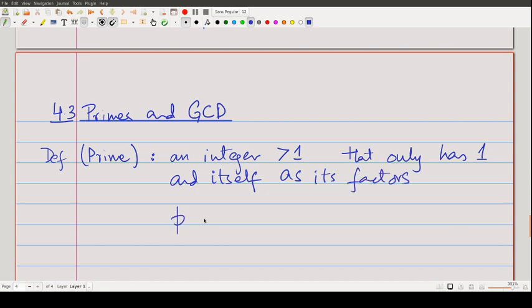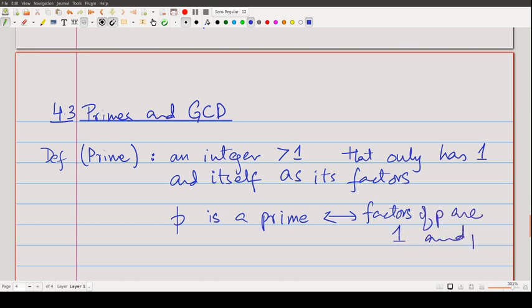So P is a prime if and only if the factors of P are 1 and P only. Okay, that's the definition of a prime number.